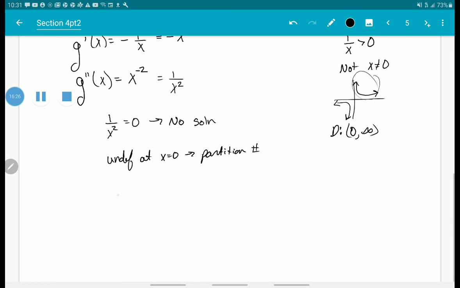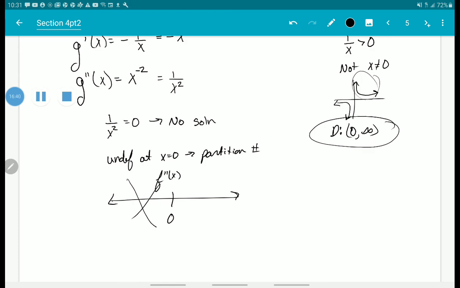What that does is it splits this number line for that second derivative into pieces. Now, we know the domain of the function is from 0 to infinity, so it doesn't even matter what's happening here because it's not going to be in the domain of the original function. So when I test, I really only have to test this interval. So let's pick something bigger than 0.